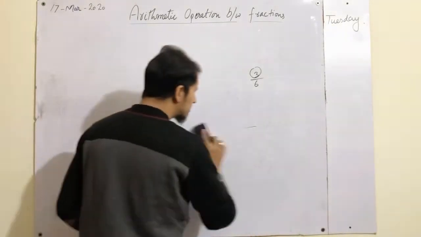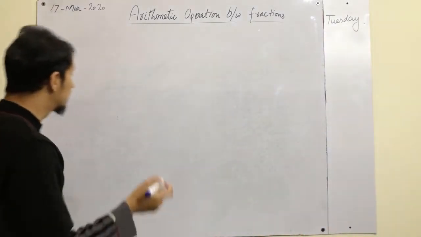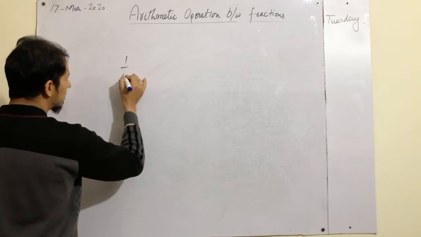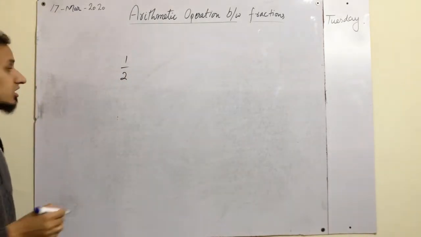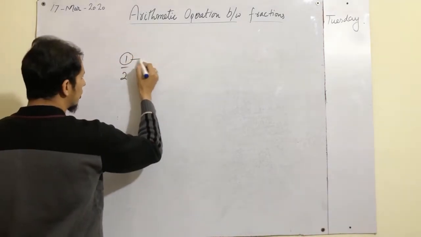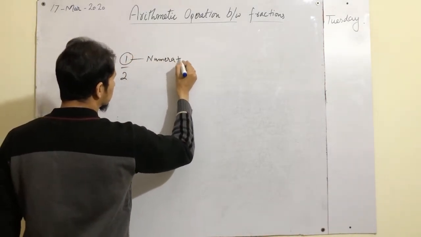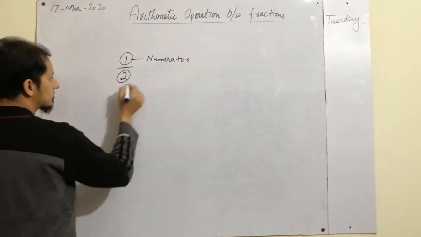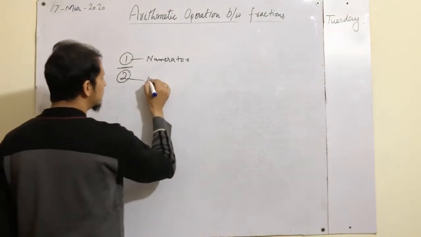See, in a fraction, let's suppose I write this fraction. Here the fraction has two parts. The above part is known as the numerator and the below part of the slash, or you can say division, is known as the denominator.